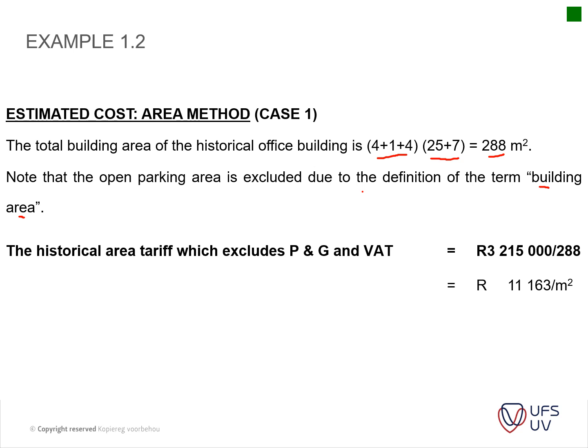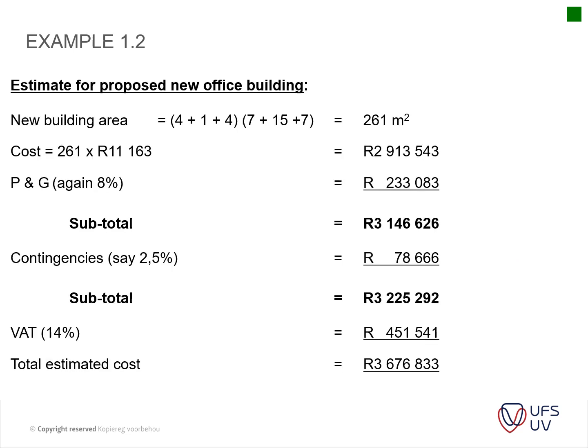Okay, then it's the same process. Then you take your historical area tariff, excluding your P's and G's and your VAT, divided by the 288 to get to the 11,163 Rand per square meter. Okay, when you have that, then you calculate your new building area. Make sure that you are familiar with how to calculate or measure these items, and then calculate your total square meter area.